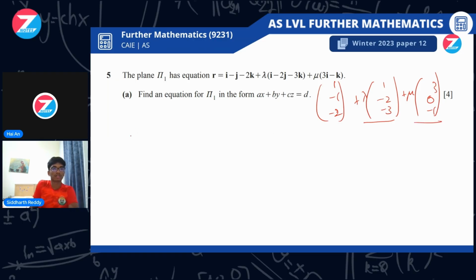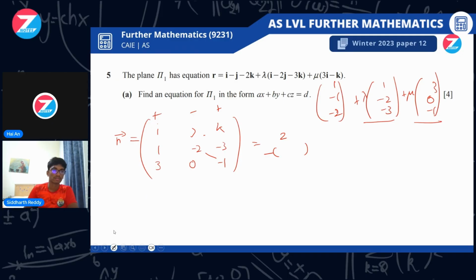So let's find the normal vector. The normal vector is equal to i j k into 1 minus 2 minus 3 and 3 0 minus 1. For i, it will be minus 2 into minus 1 minus minus 3 into 0, so that's just 2. And then minus, remember for the j column we always put a minus. It's like a cofactor thing, so plus minus plus.